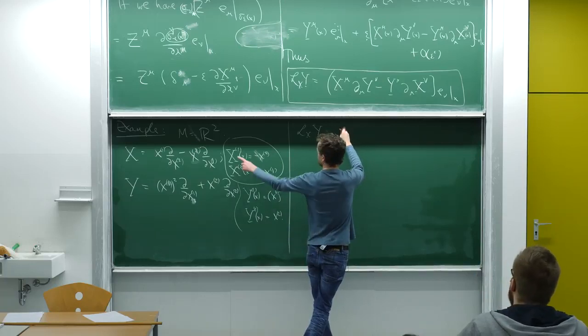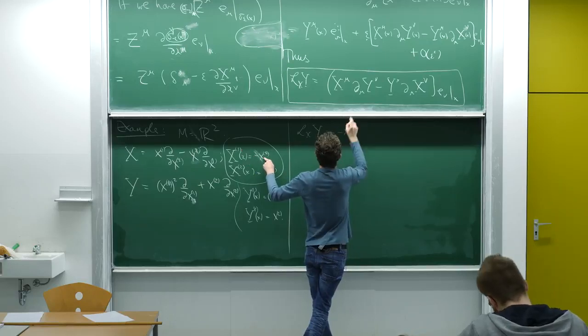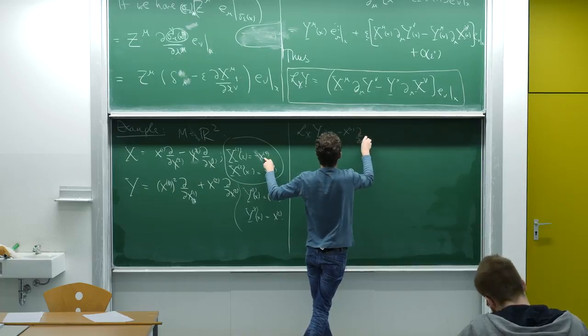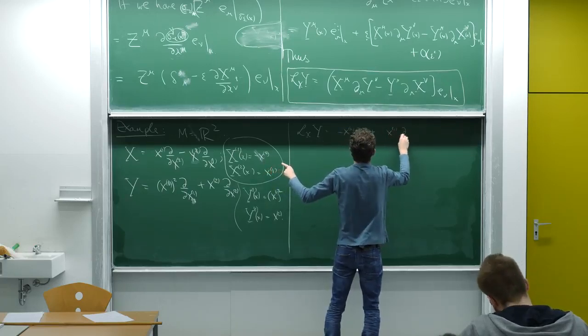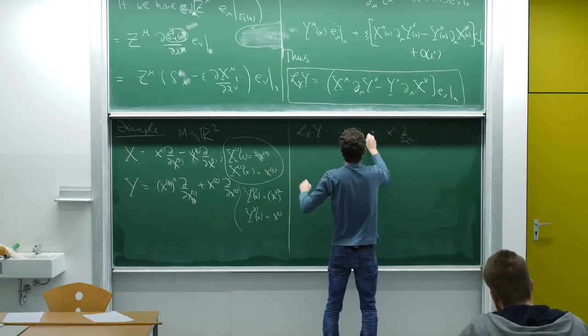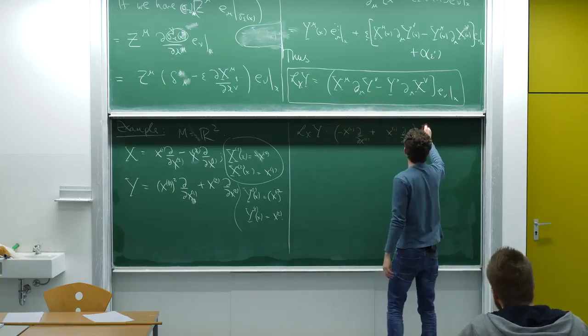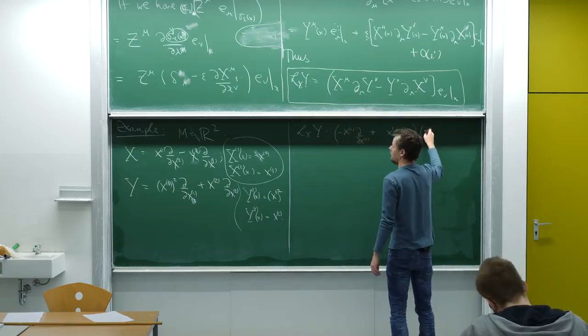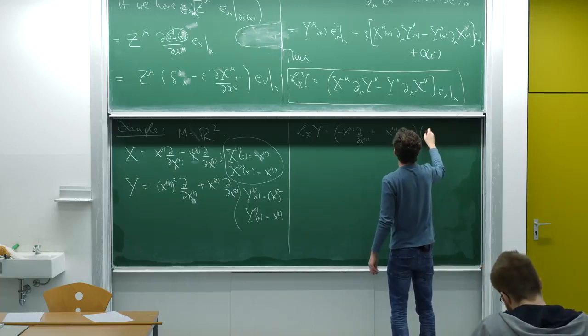So x1 is minus x2 ∂_1 plus x1 ∂_2, all applied to x1 squared.